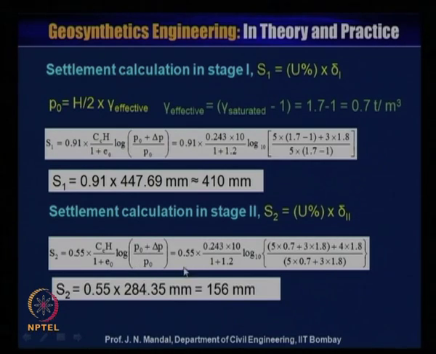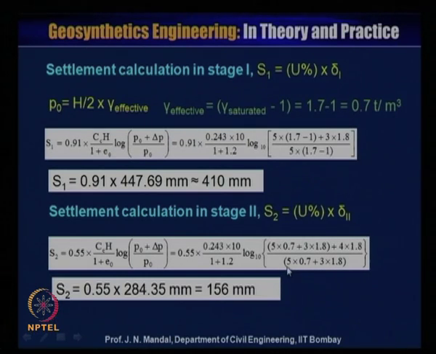That is 0.55 into 0.243 into height 10, 1 plus E0 is 1.2, log 10, where P0 is 5 into 0.7 plus 3 into 1.8, plus delta P is 4 into 1.8, divided by P0.